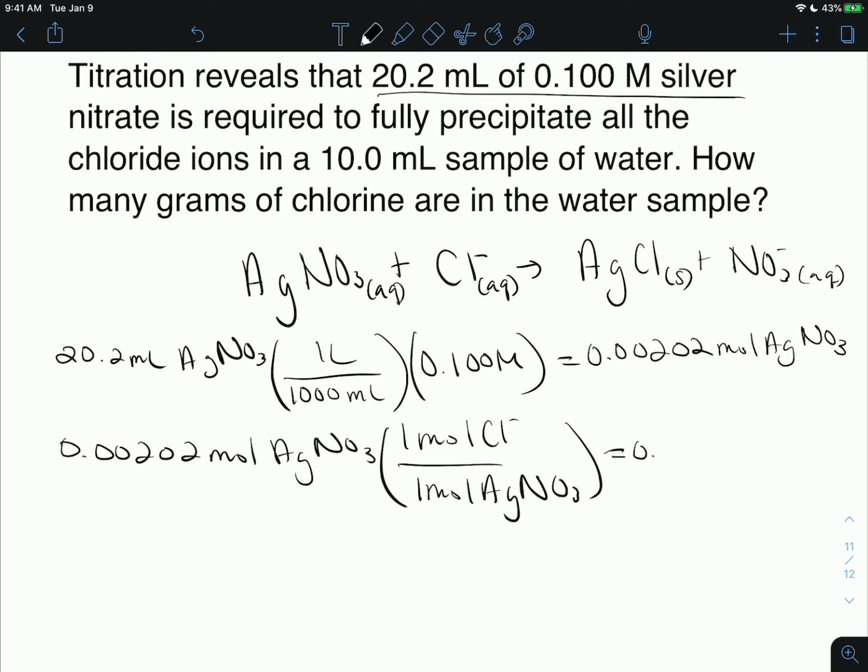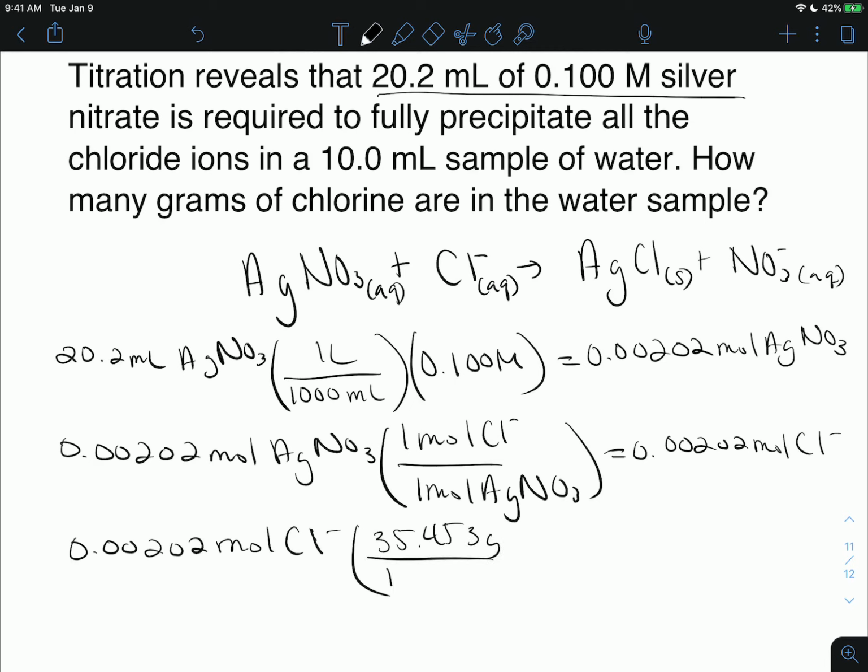That gives us 0.00202 moles of chloride ions, and then using the molar mass of atomic chlorine, 35.453 grams per 1 mole of chlorine, we can solve for our mass, giving us 0.0716 grams of chloride ions.